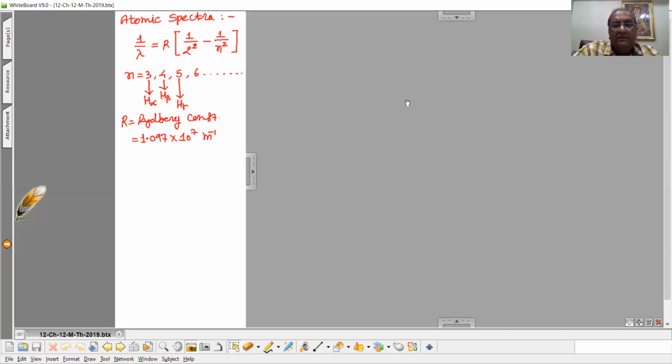And Balmer experimentally represented this for these spectral lines. All the wavelengths can be calculated with the help of one common equation.